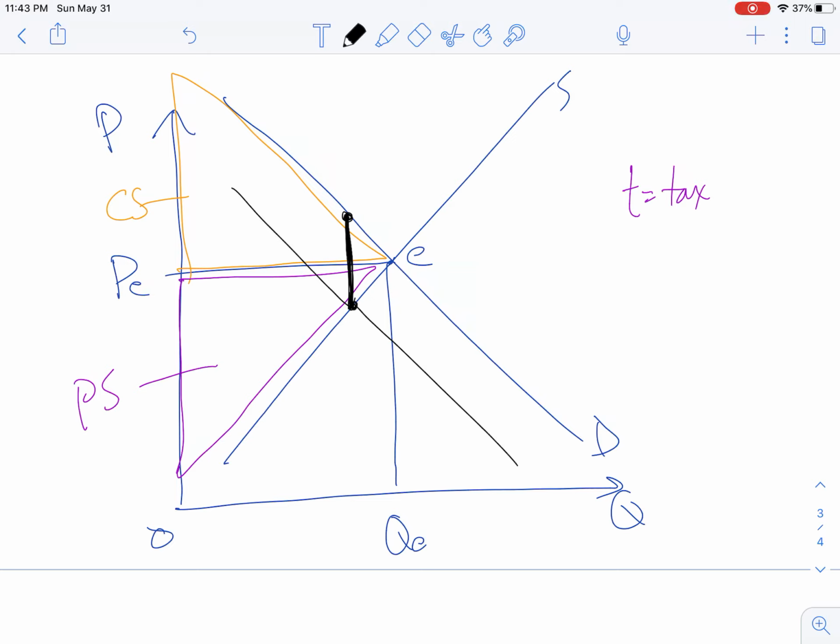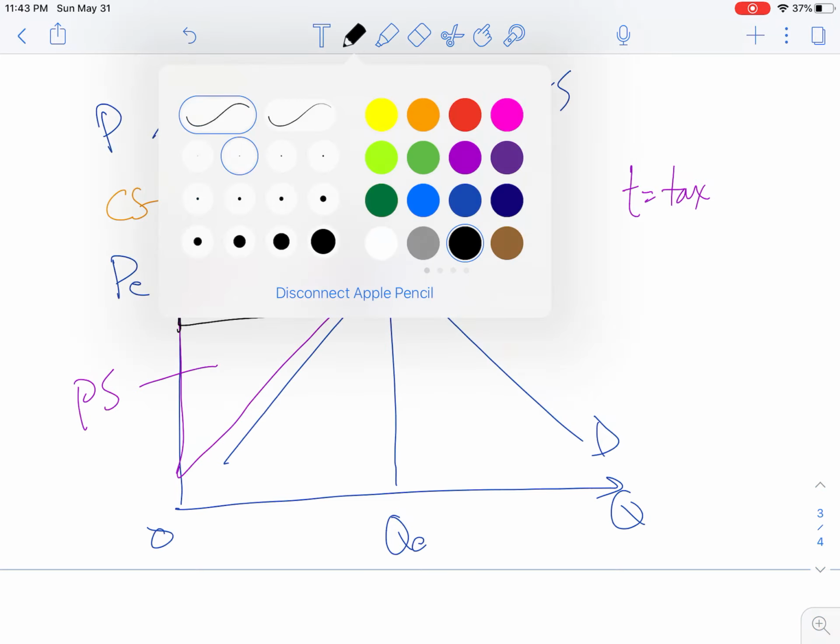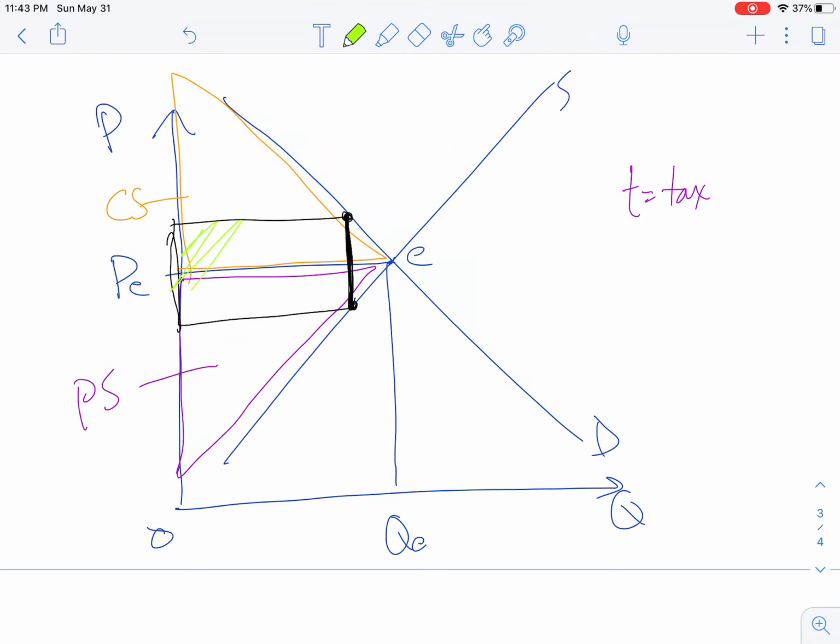Did I say supply? I meant demand. A shift in the demand curve such that the vertical distance is equal to the tax. But either way, whether it's a shift in the supply curve or a shift in the demand curve, you end up at exactly the same place. With this wedge in here, a tax revenue box, right, that looks like this.